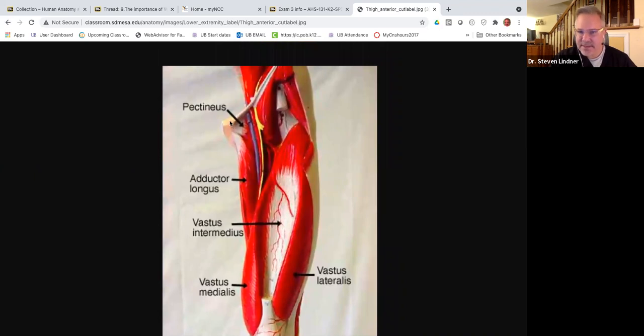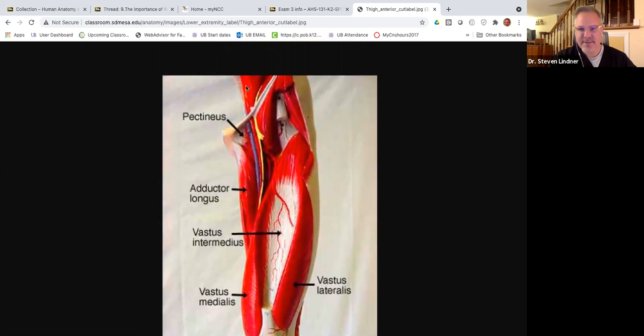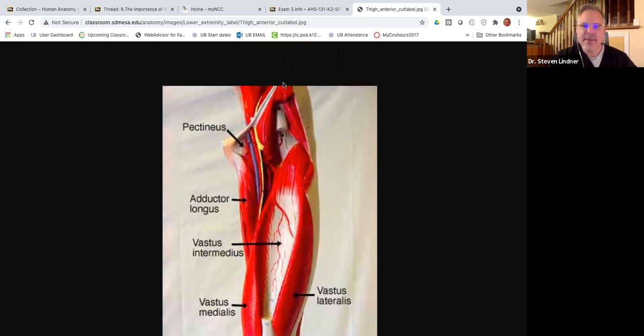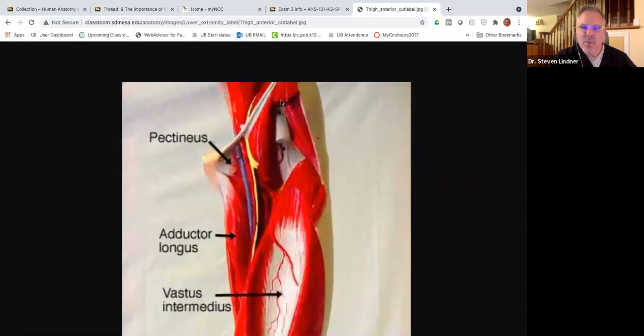You could see the pubic tubercle and the pubic symphysis here. We could see a little bit of the psoas major right there. Now, the anterior superior iliac spine right here is kind of obstructed or blocked in the picture, but I can see two tendons here and here.